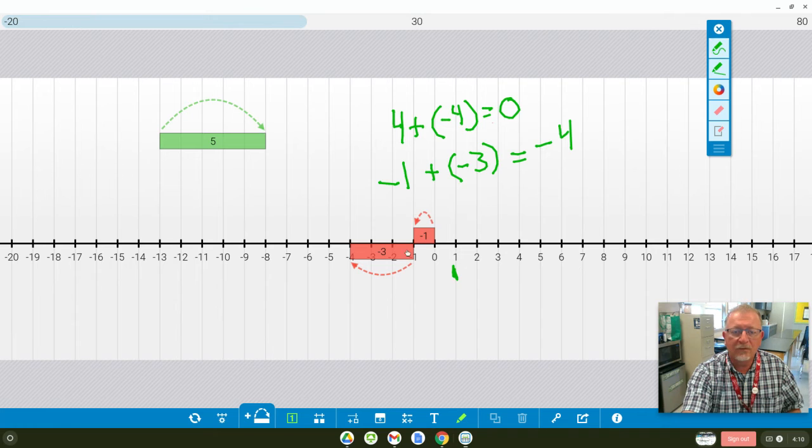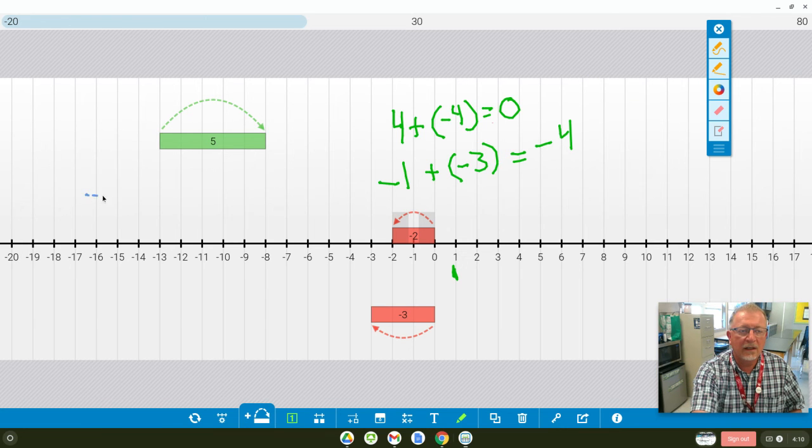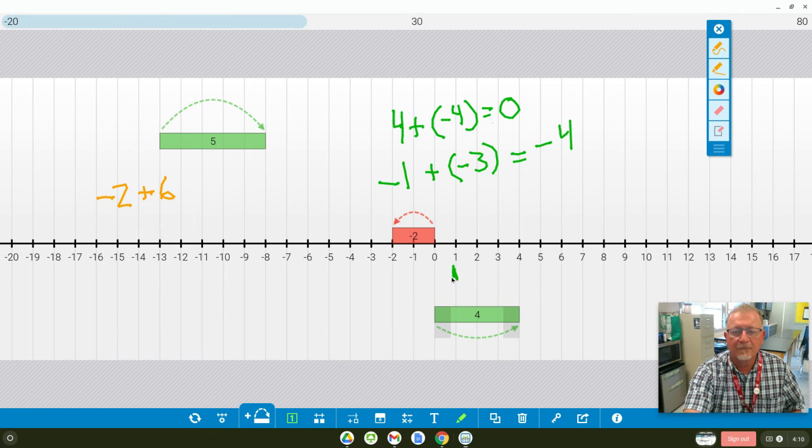What about this? What if we start off back here, at negative 2? Let's change colors a little bit. Let's go orange. Let's say we're going to go negative 2, but we're going to add 6 to that. 6 in the positive now. So I have to take this and flip it around.